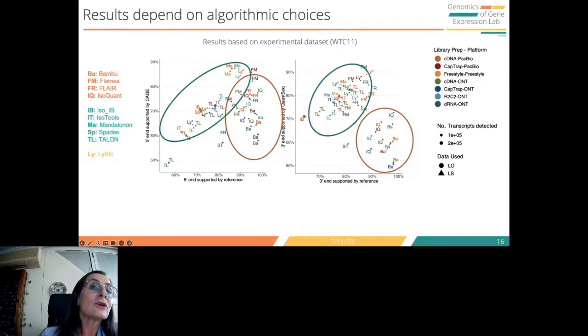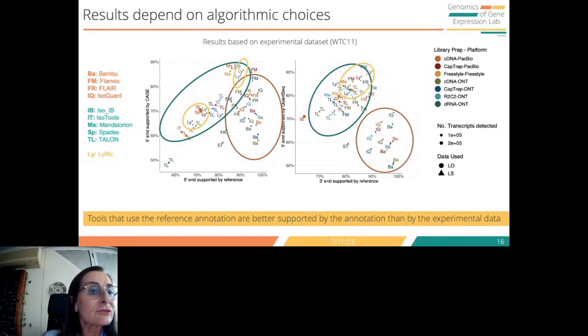And on the contrary, those tools that allow more novelty are less supported by the reference, so they are not always matching the reference annotation. However, in general, they tend to have higher support by the orthogonal data, so they are better capturing the actual experimental data, especially again at the 3' end, and LyRic is also somewhere in this set.